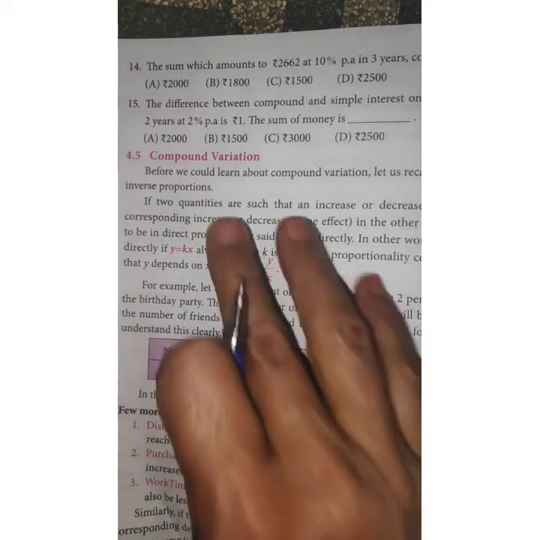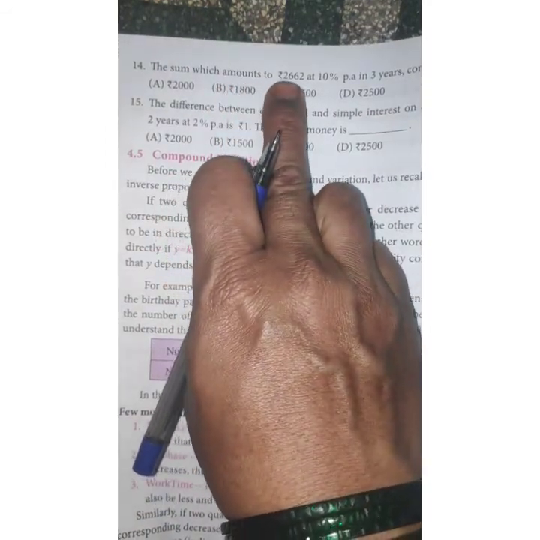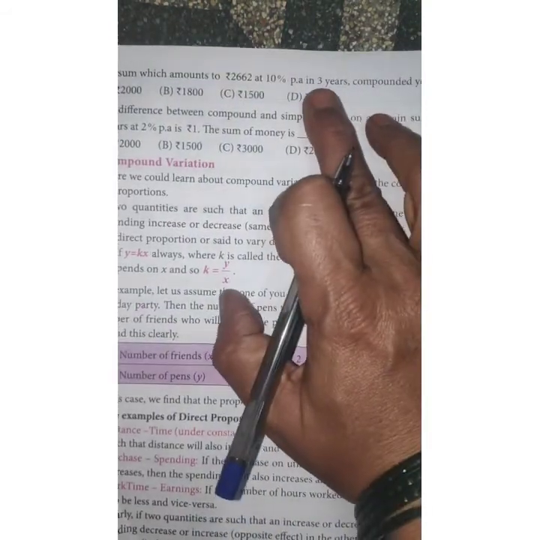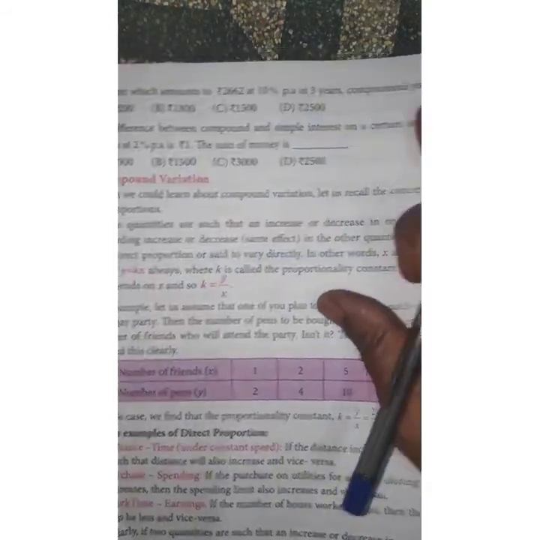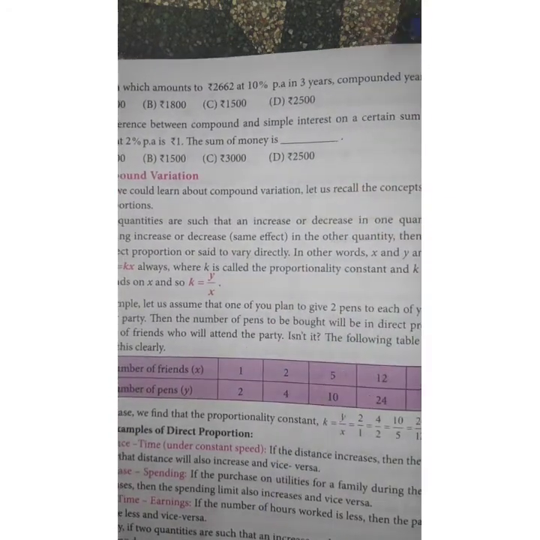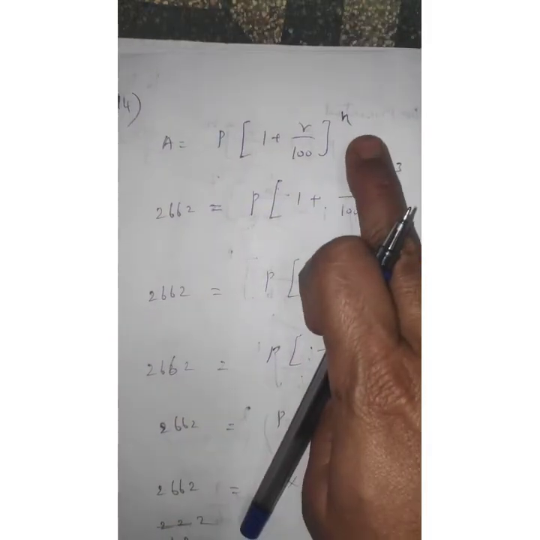Next, 14th question. The sum which amounts to 2,662 at 10% per annum in 3 years compounded yearly is dash. See that A equal to P into 1 plus R by 100 whole power n.